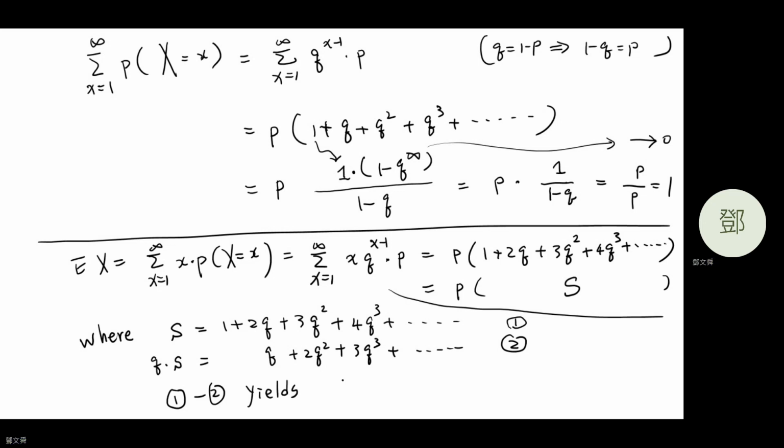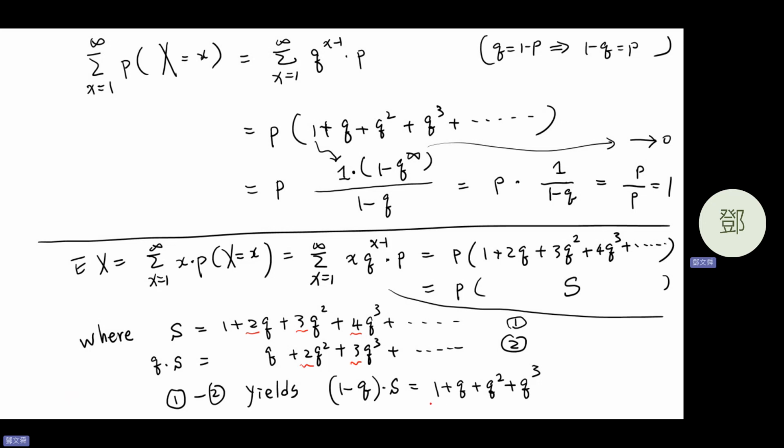yields (1 minus q) times s equal to 1 plus q plus q squared, and so on. We don't like the coefficient. This is called the coefficient. We don't like the coefficient, and then we have to find some way to kick them out.